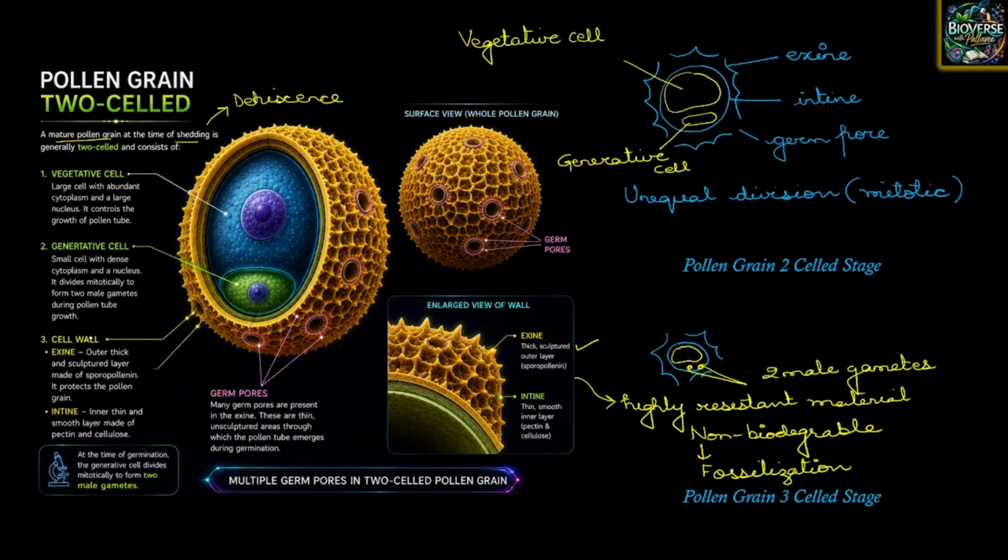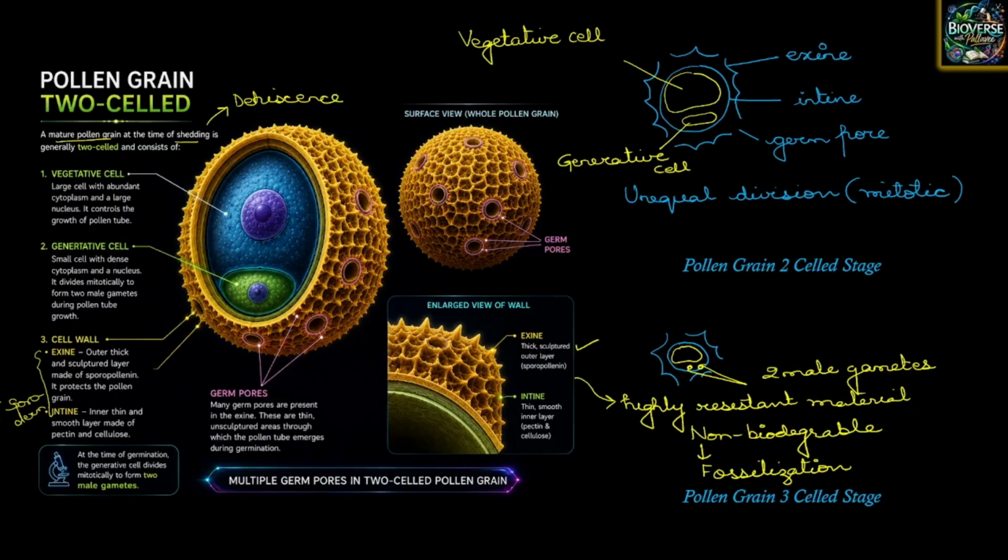Next thing is, children, the cell wall has two layers, that is exine and intine, and for this we use the word sporoderm. So here the outer thick and sculpted layer is made up of sporopollenin that protects the pollen grains, whereas the inner layer intine is thin and smooth layer that is made up of pectin and cellulose. The germ pores are present in the exine and they are thin unsculpted areas through which the pollen tube emerges during the germination.